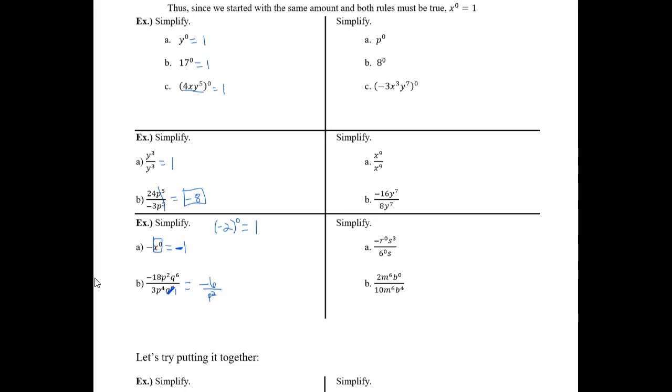And then q to the 6th was the only q because the other one was 1. So I end up with negative 6q to the 6th power divided by p squared. Go ahead and try the examples on the right-hand side.